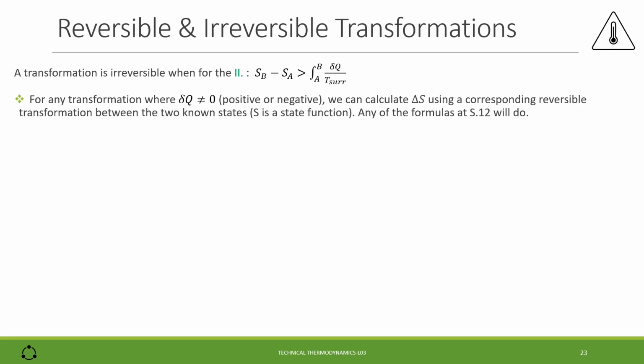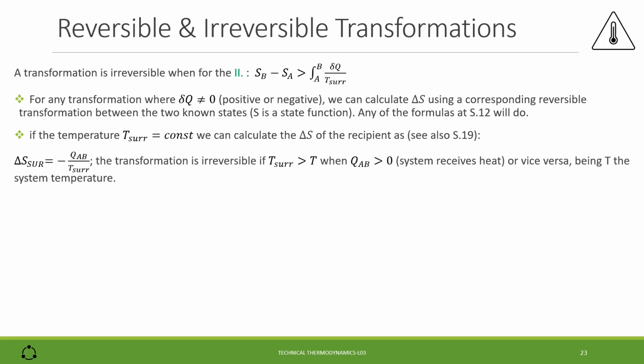This concept is very important. If the temperature of the surroundings is constant, we can calculate delta S of the recipient as the negative ratio between the exchanged heat and the temperature of the surroundings. If the transformation is irreversible, then the temperature of the surroundings or the temperature of the recipient is greater than the temperature of the system.